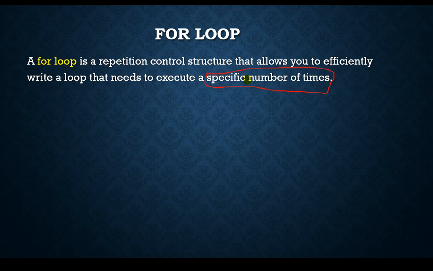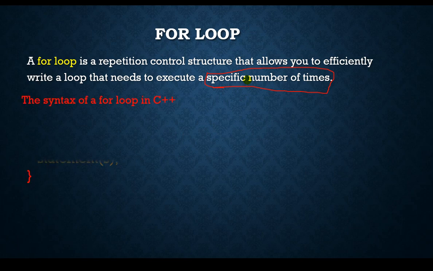So I know the number of times I'm doing the thing; that is where I will use the for loop. If I want to give the guy mango 5 times, then the for loop is applicable because I know when I'm stopping. So we use the for loop when we know where to stop.